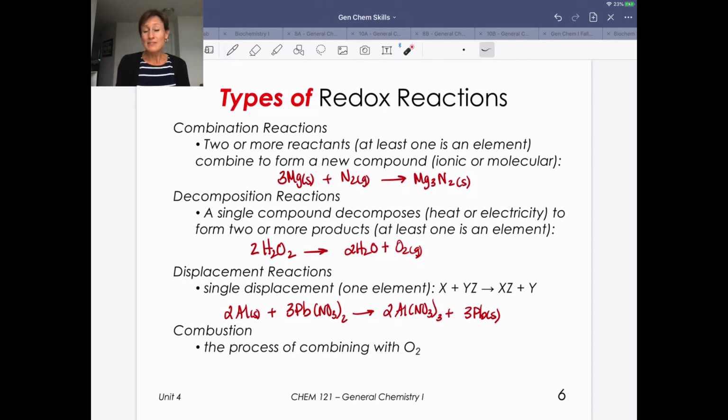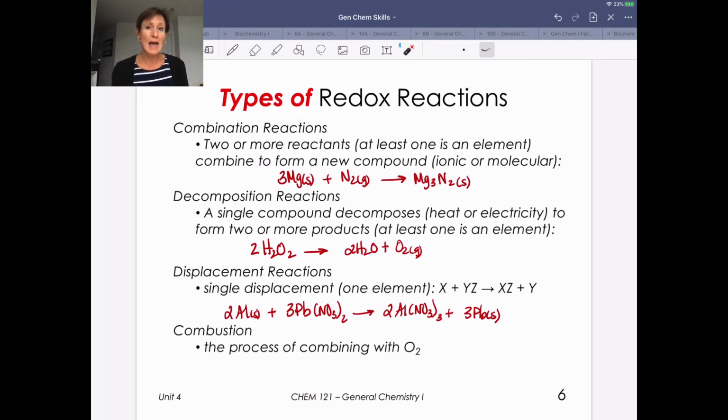So it's kind of like we're swapping out who gets to be in their elemental form. On the left side, we've got aluminum in its elemental form, where it's an ion on the right. On the left, we've got lead in its ionic form and now in its elemental form. So we're kind of swapping and displacing who gets to be in their elemental form.